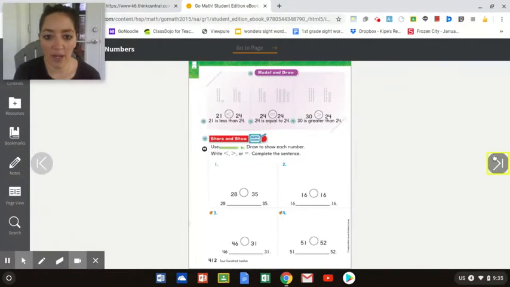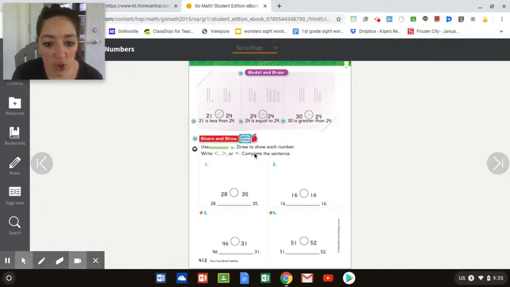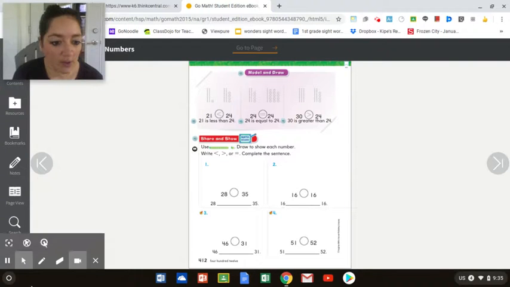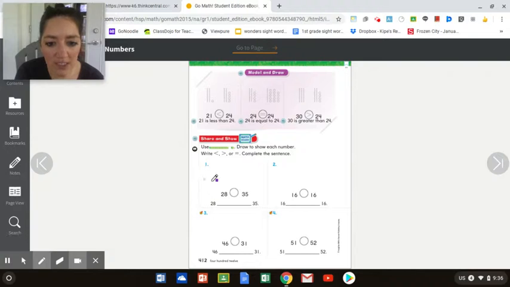Okay. Now for this, it says use the tens and ones to draw to show each number. Write the less than, greater than, or equal to complete the sentence. So we have 28. Is it greater than, less than, or equal to 35? So here's 28, 2 tens and 8 ones.